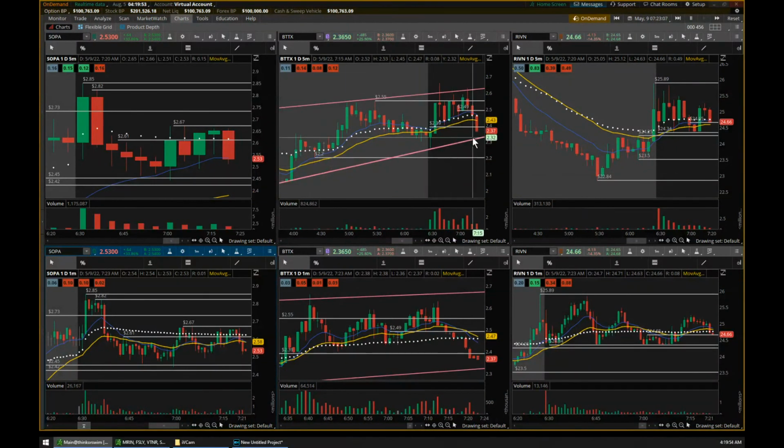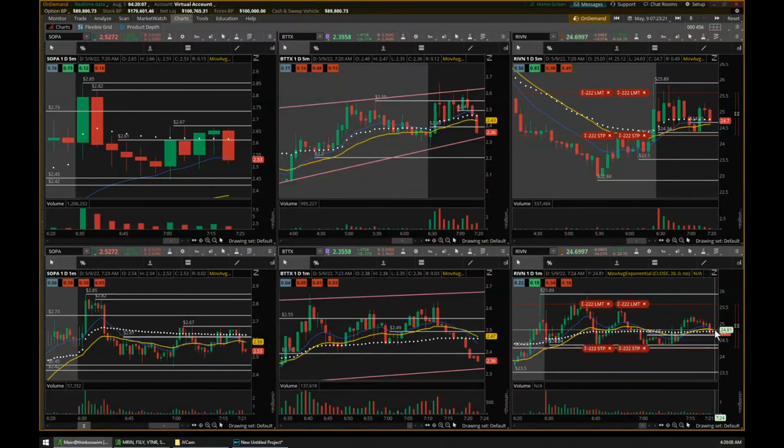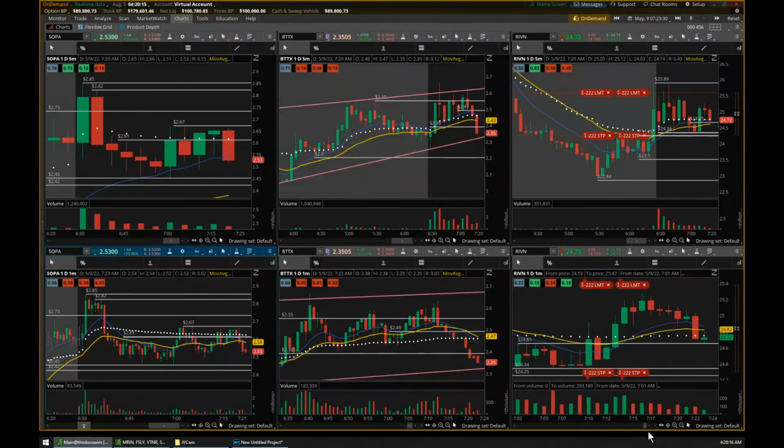Oh, I wonder if BTTX is going to bounce off this line. Just took a double entry here on RIVN. Nice little pullback. I think maybe that's not a good resistance line to play, a support line to play off of, now that I look at it.